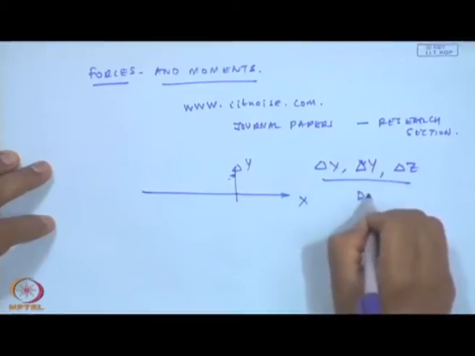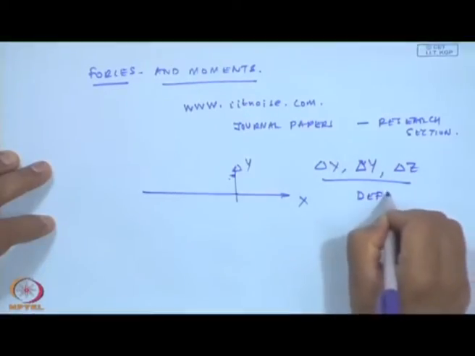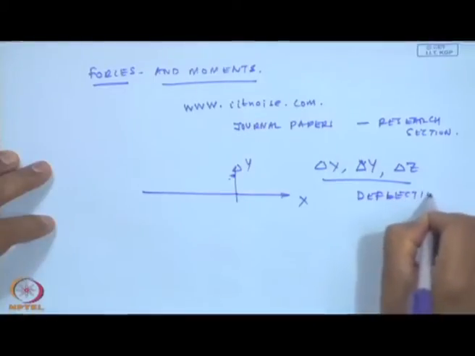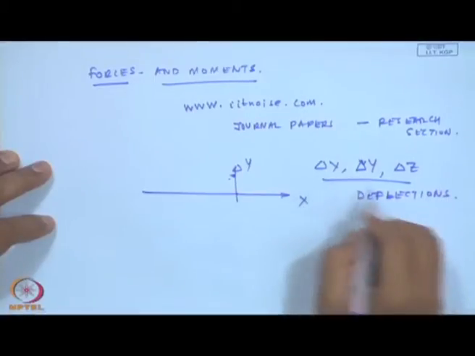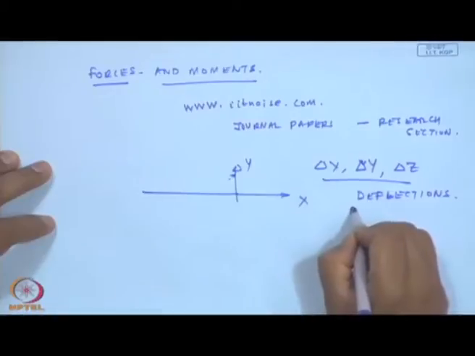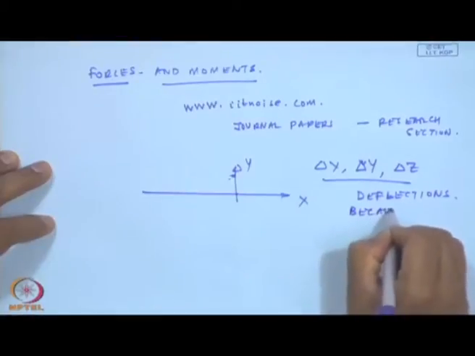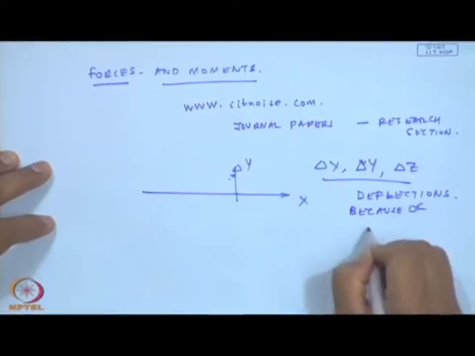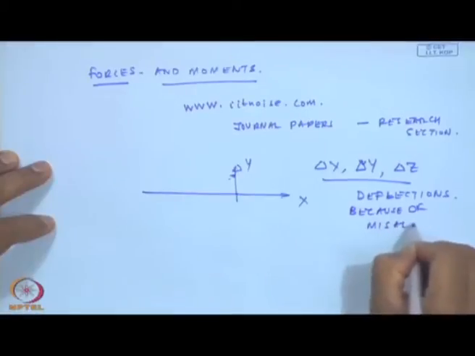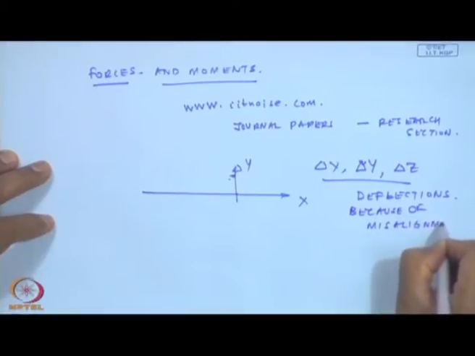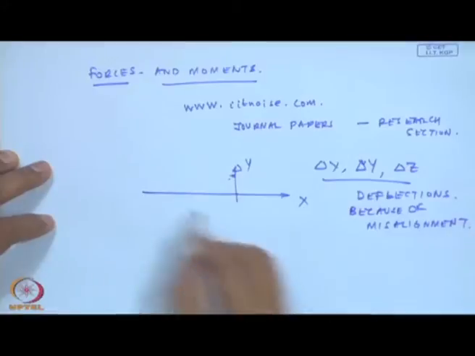So, these deflections are because of misalignment and the system already has stiffness.